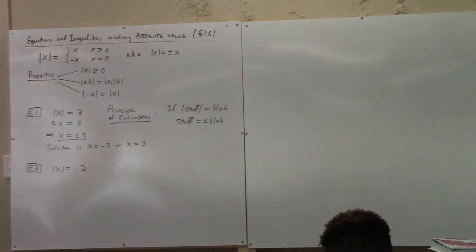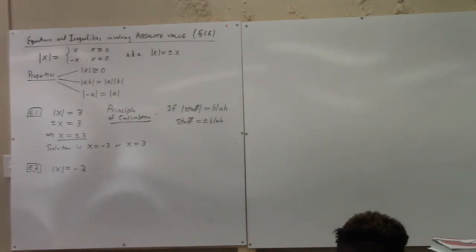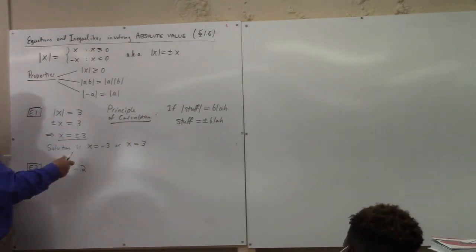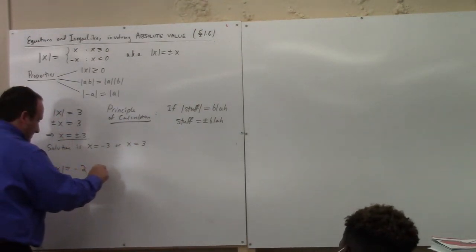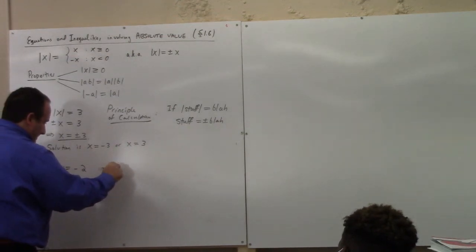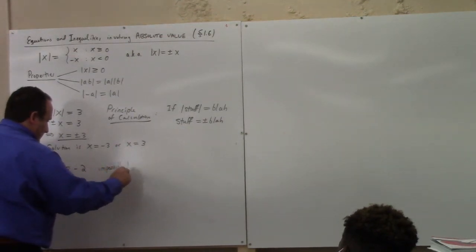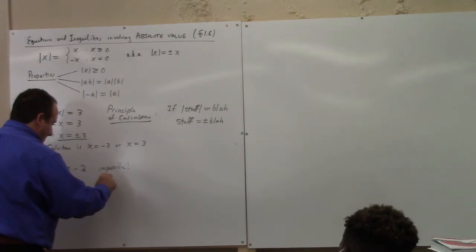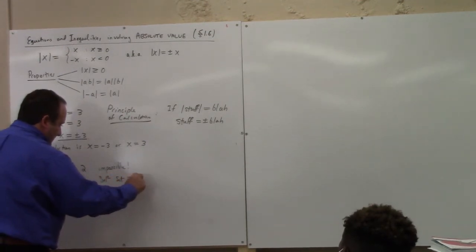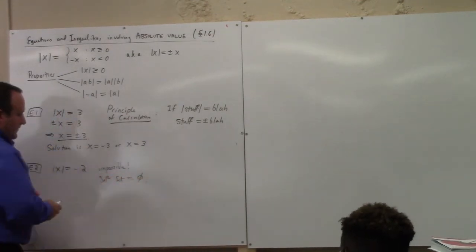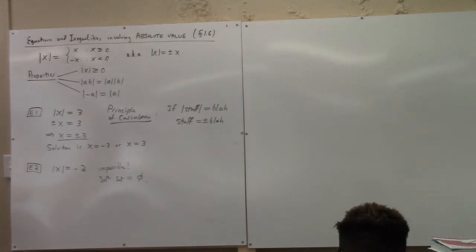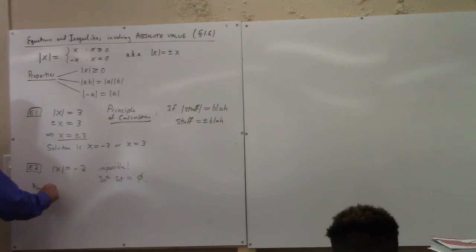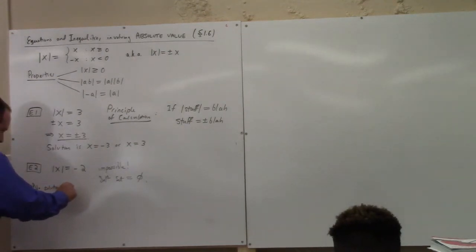Can you have absolute value of some quantity equal to negative 2? We cannot do that, because one of the fundamental things about absolute value is that it's non-negative. So this is impossible. So the solution set is just the empty set. No solution. No solution exists.